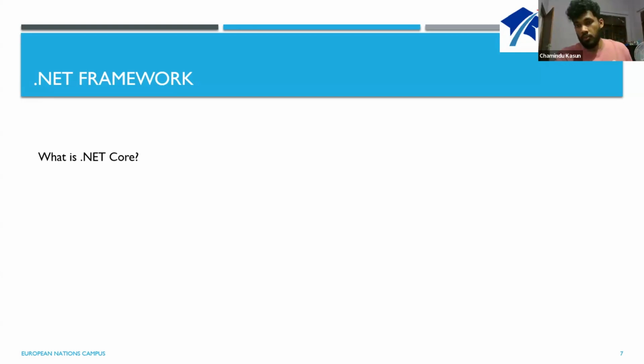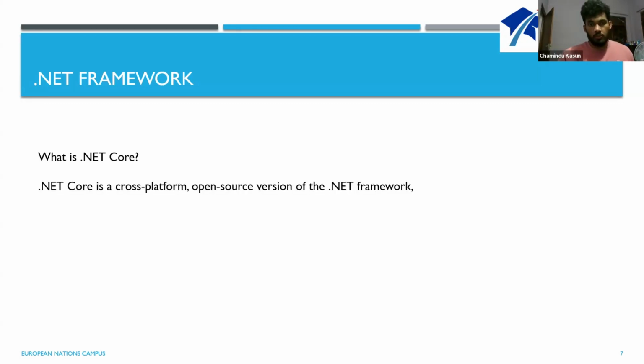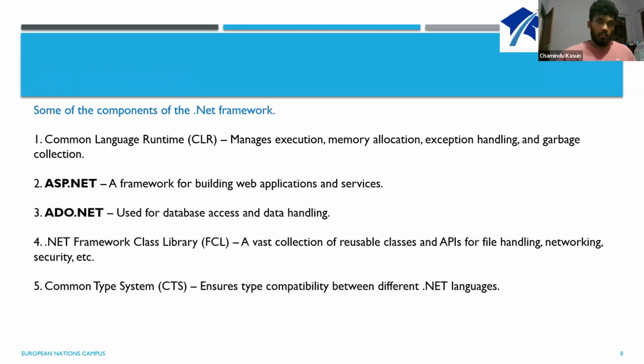Using .NET Core, we can develop cross-platform applications, meaning applications for different operating systems, like applications that run on Linux-based operating systems. So .NET Core is a cross-platform, open source version of the .NET Framework.